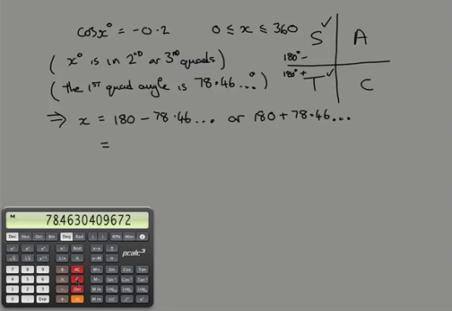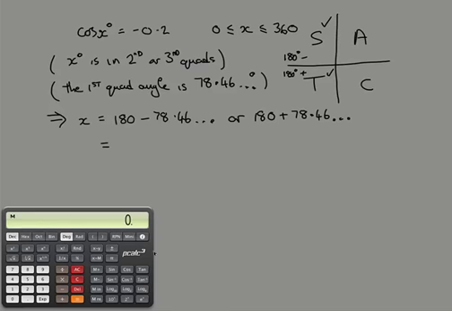If I do the clear, not the all clear, the all clear would wipe the memory out, but the clear button wipes the display out. And memory recall, or RM on some calculators, is a button that will recall the memory. There's the first quadrant angle. So clear the display, recall the first quadrant angle, clear the display.